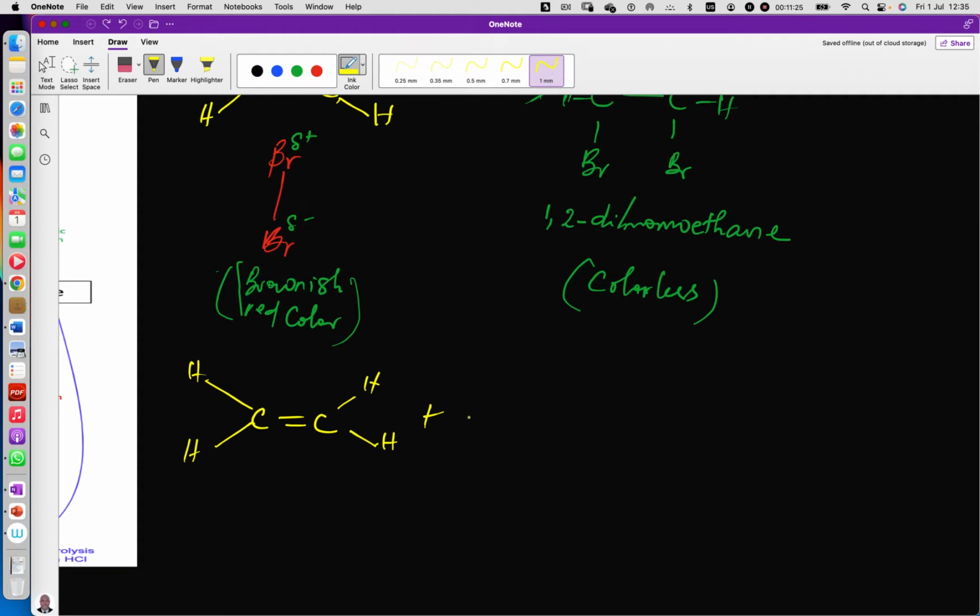If an alkene is reacting with hydrogen bromide, remember the hydrogen bromide is going to be added over this double bond, and according to Markovnikov's rule, it must be an unsymmetrical alkene.